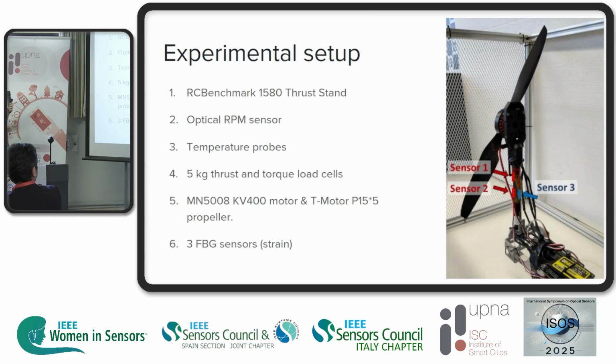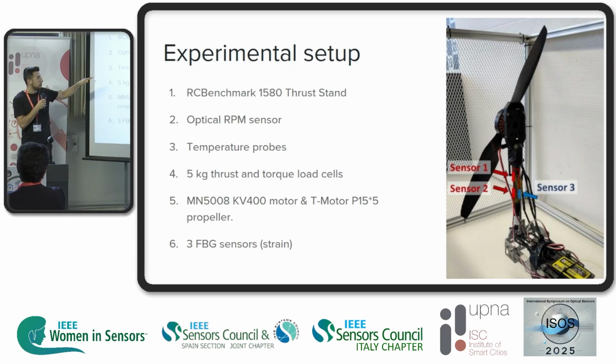So in order to test that, we conducted an experimental setup where we used a conventional thrust stand, which is like a motor benchmark tool that we bought from RC Benchmark. We installed a calibrated optical RPM sensor, of course, in a controlled laboratory environment, so we can get precisely the RPM of the motor and the propeller.